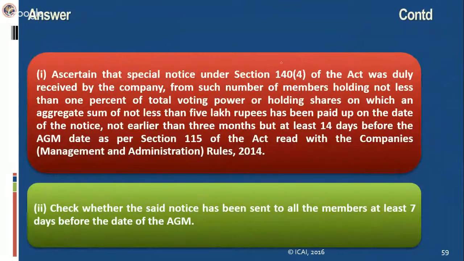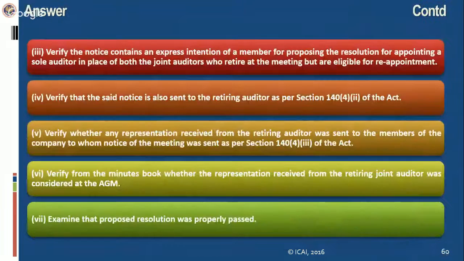These are the provisions of special notice given under Section 140 sub-section 4 along with Section 115. Section 115 is providing the details of giving of special notice. You need to refer to the quorum and the number of members who should be given a special notice. These are the requirements of Section 140.